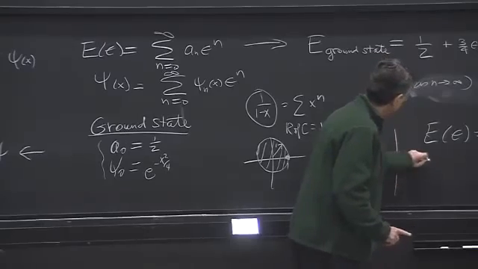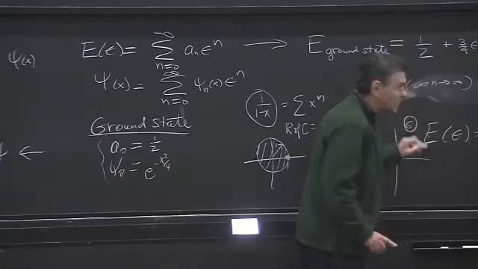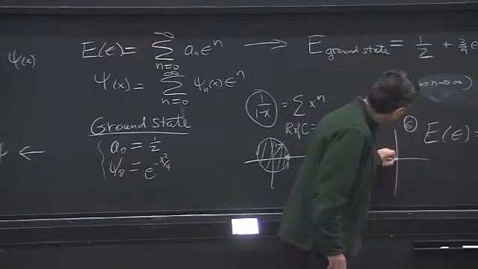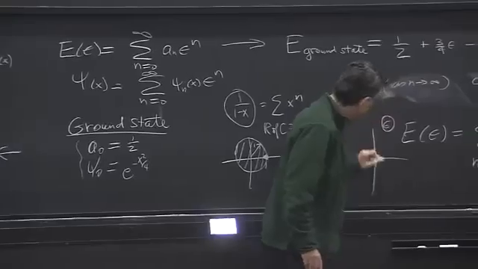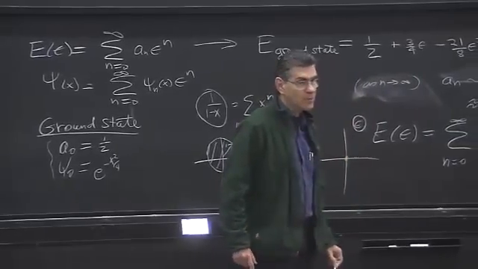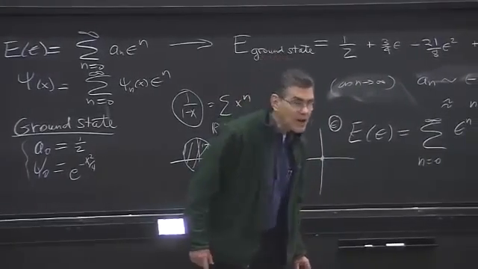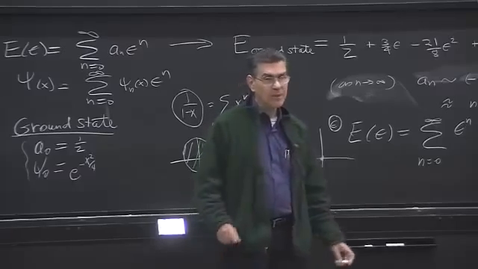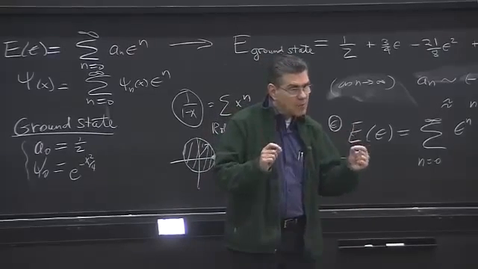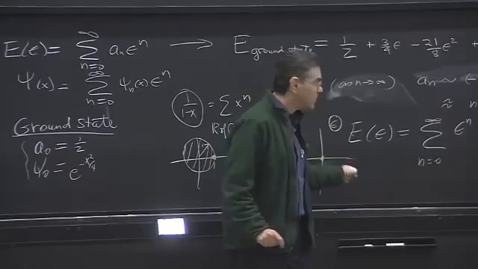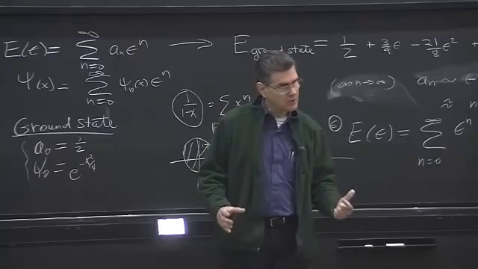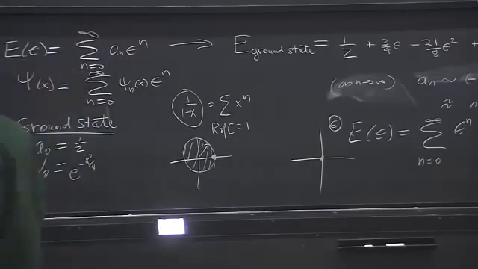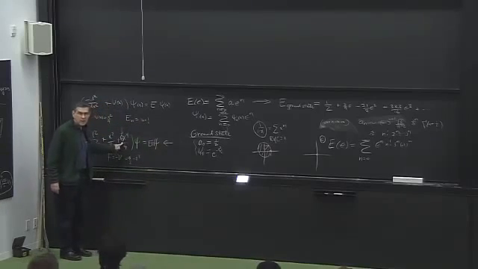So if this is the complex epsilon plane, there is a singularity right there in the epsilon plane at 0. Why is there a singularity at 0? Because something abrupt happens at epsilon equals 0. What is it that happens very abruptly in this problem at epsilon equals 0?